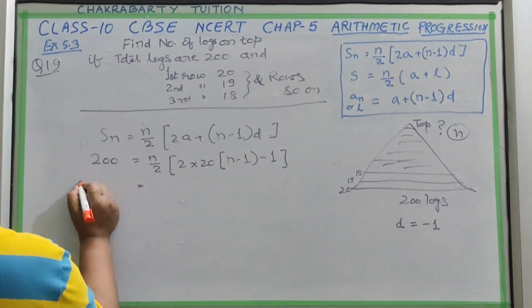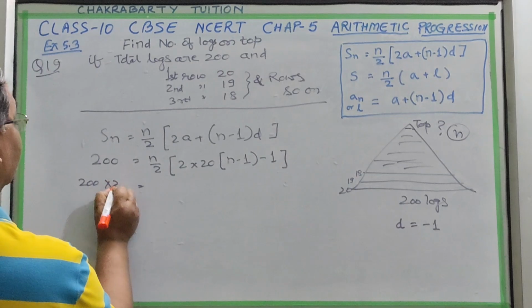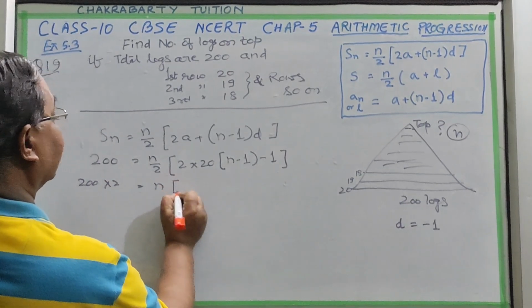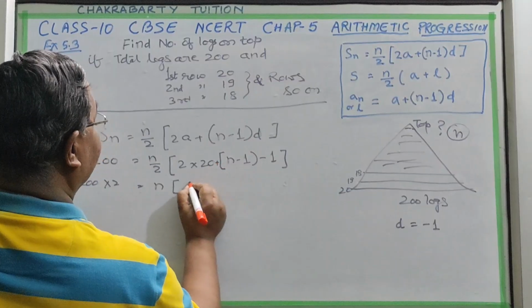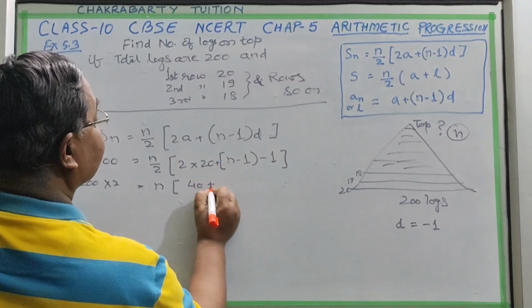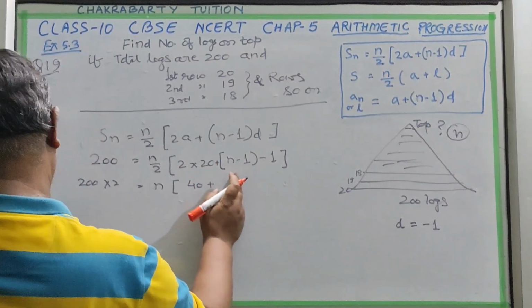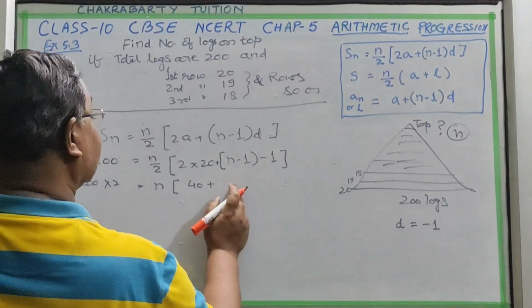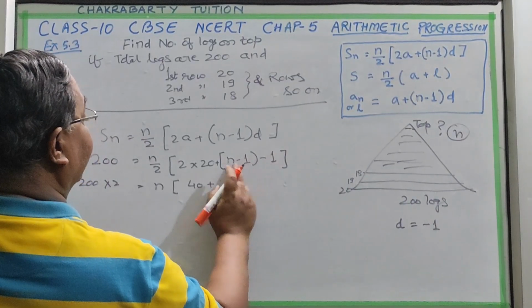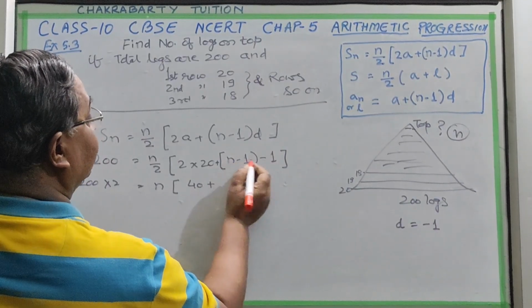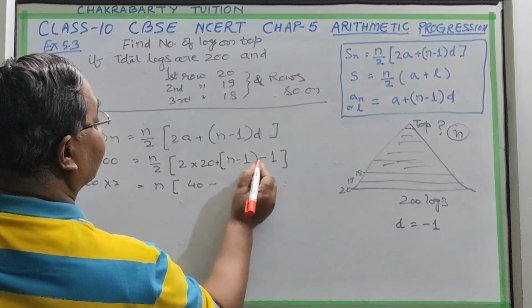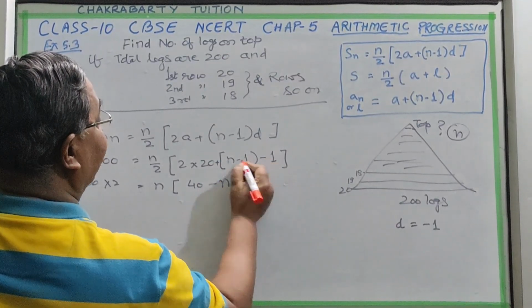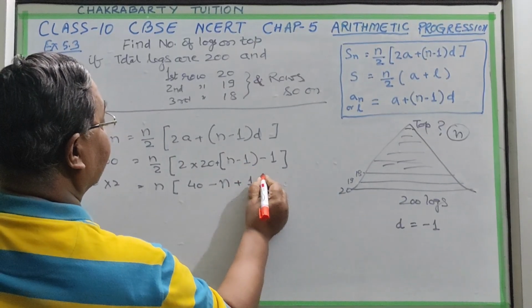So this 2 we take to this side, 2 into 200 equal to N times (40 plus (N minus 1) into minus 1). Multiplying it, this plus becomes minus, minus n, and minus minus becomes plus 1.